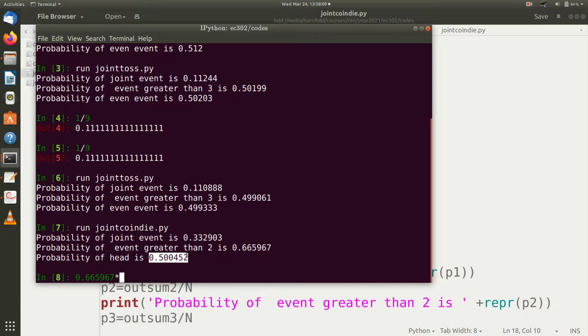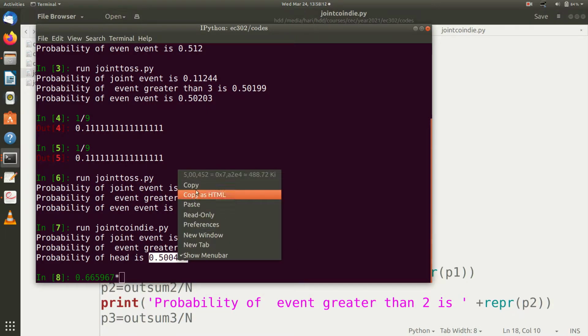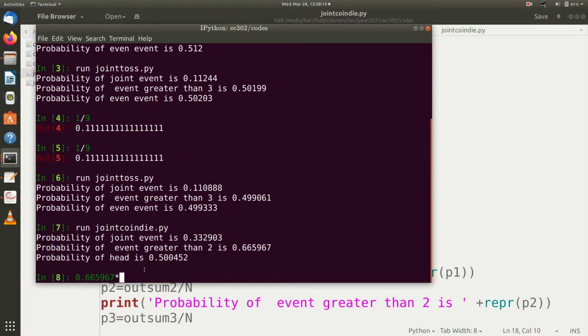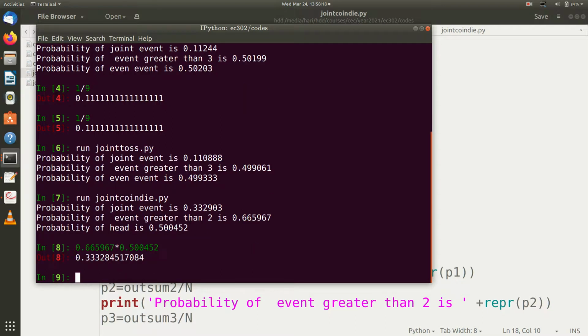Okay, here you can see that the product of the marginal probabilities is equal to the joint probability. So if the joint probability is a product of the marginal probabilities, then those events are independent.